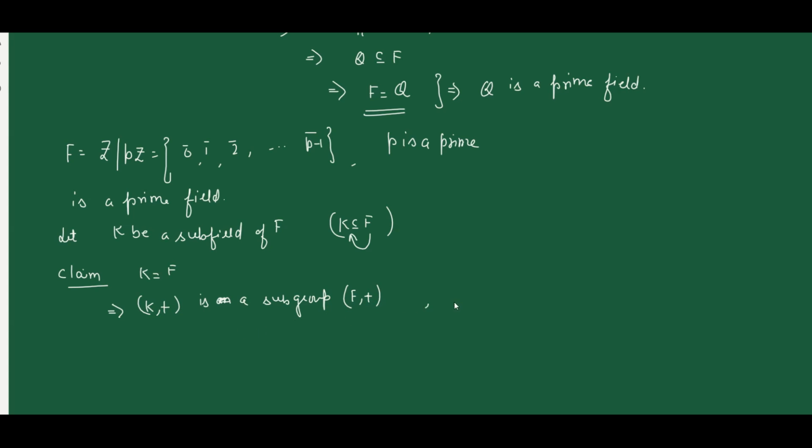Similarly, the set of non-zero elements of K forms a group under multiplication, and it is a subgroup of the non-zero elements of F under multiplication.